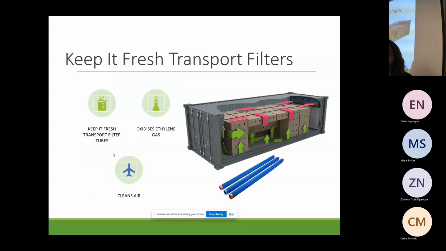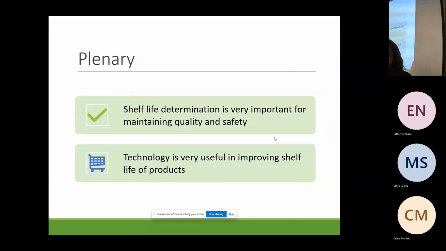And then we've got transport filters that can also be used to keep the fruits and vegetables fresh. The filter tubes are put in there. They can be put along the walls depending on the containers that you use, and they can be trapping all the ethylene that is there, oxidizing the ethylene and making sure that there's clean air inside the boxes.